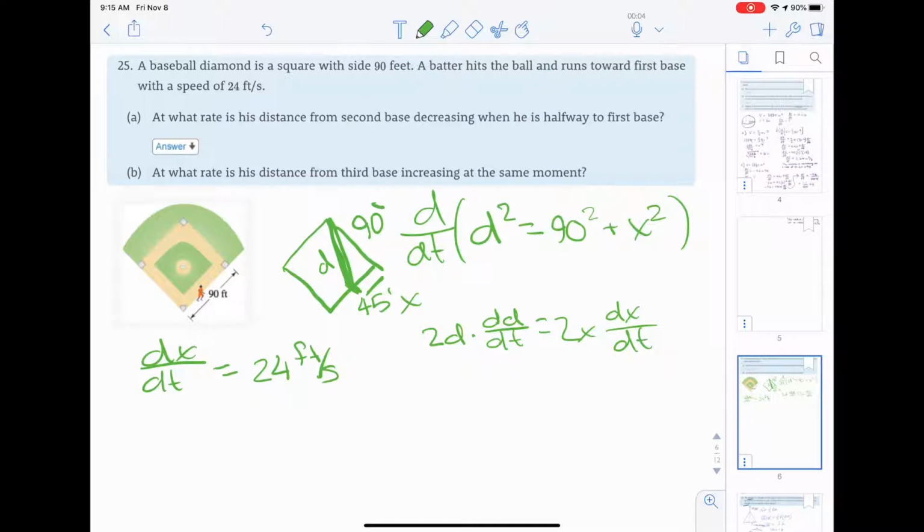We then must find this D side over here. In order to do that, we'll just use the Pythagorean Theorem, which is D is equal to the square root of 90 squared plus 45 squared.